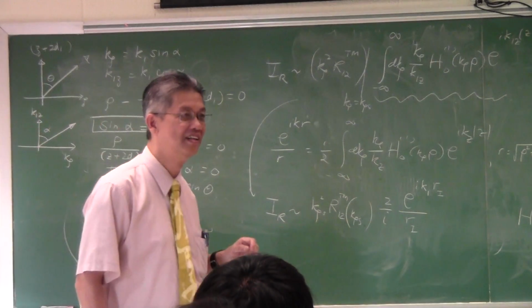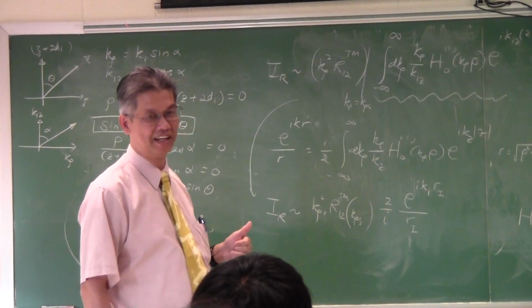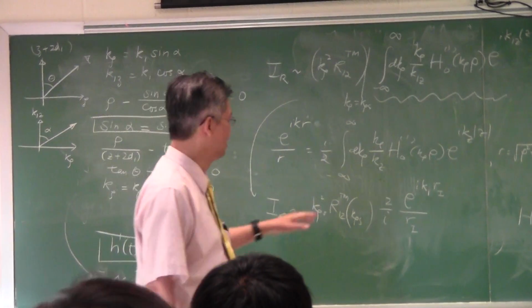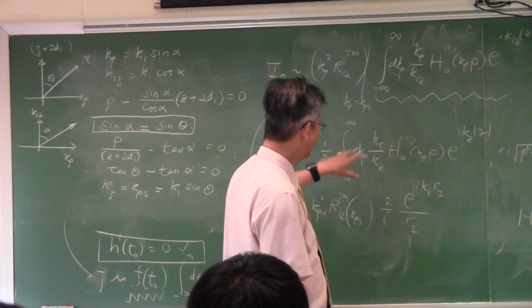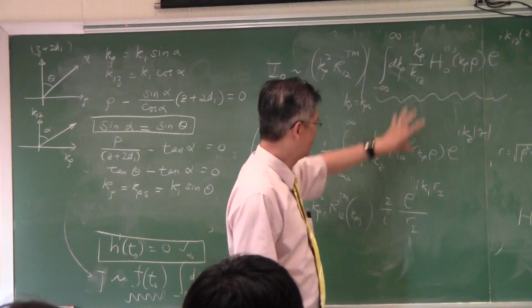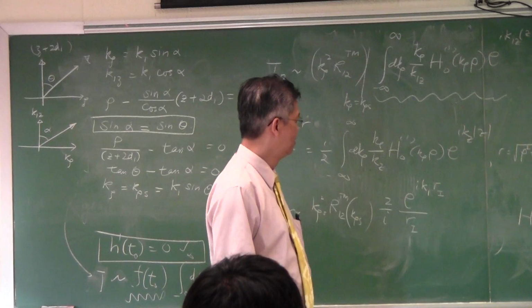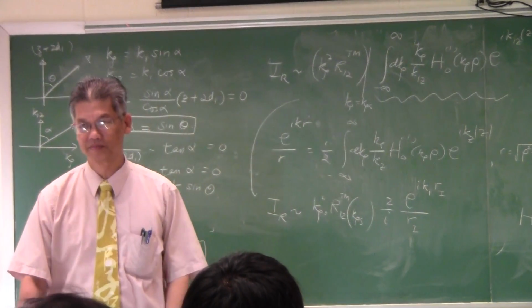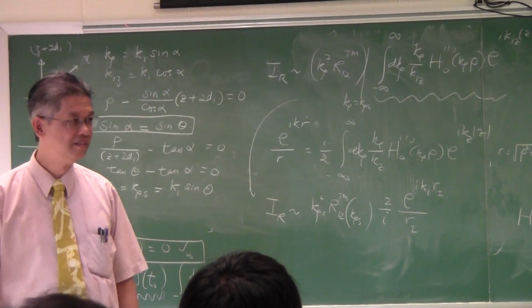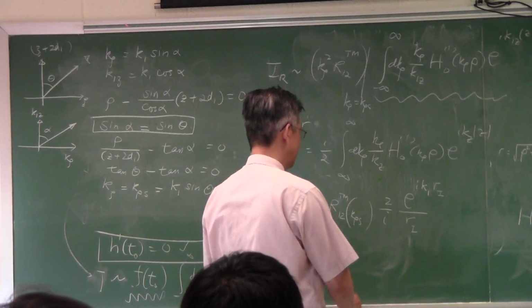Yes? z plus 2d1. Not just that, something more than that. Simple IQ test, okay? If r in this equation is equal to that, and if I want to write this in terms of this, what should ri be? Squared, rho squared plus, and then it's going to be z. Okay, very good.